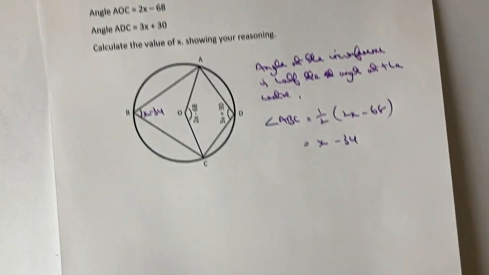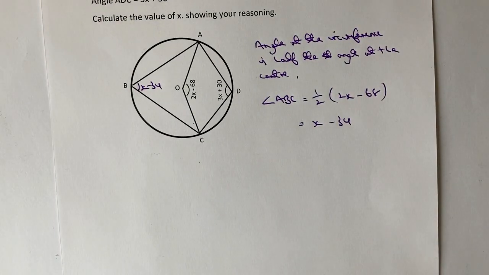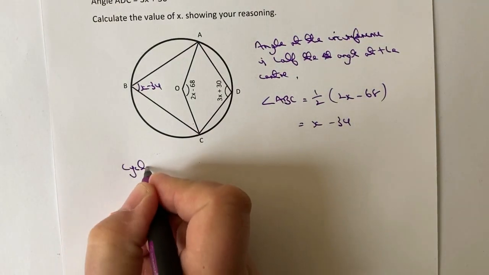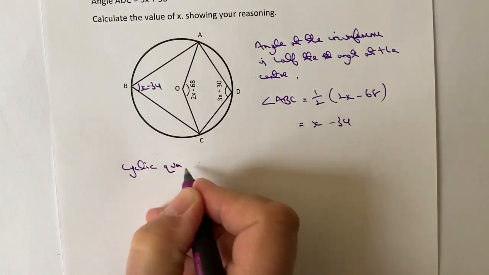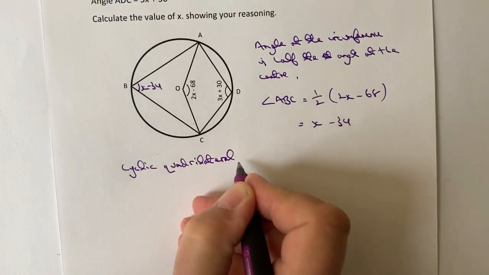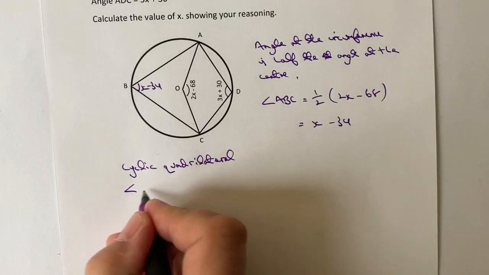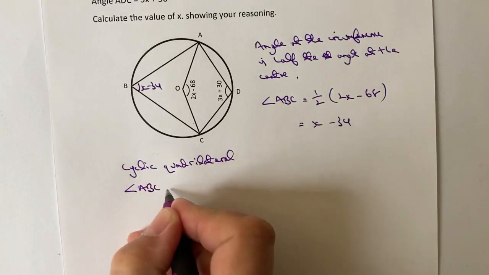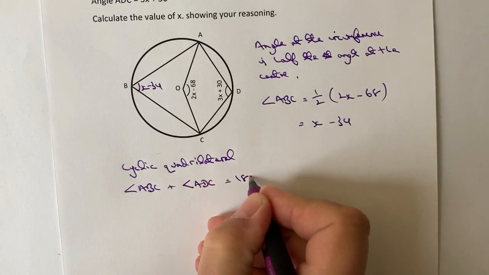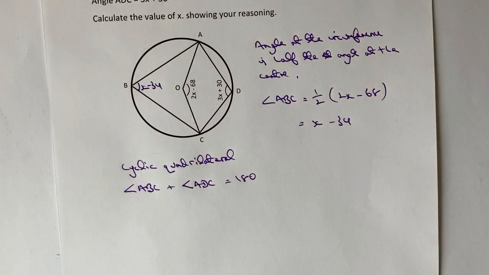I'm not proposing to write all of that down, but we could say that in a cyclic quadrilateral, angle ABC plus angle ADC equals 180 degrees, and that would be fine for this particular video.